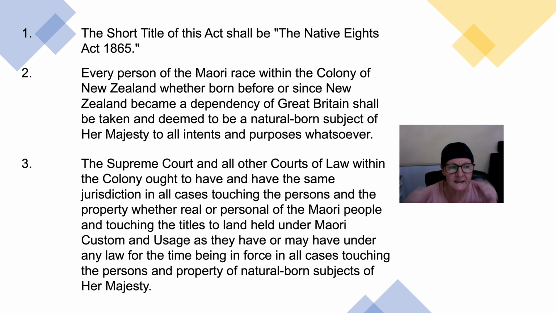Now, here is an example. In 1865, the New Zealand Maori people were fighting for their land, and in the 1688 Bill of Rights is one right called grants of forfeiture.